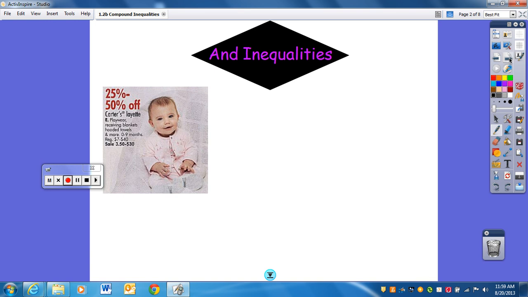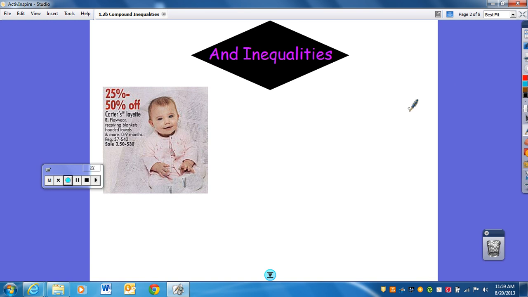For instance, here's an advertisement for a sale that's happening, and this would be considered an "and" inequality because it describes a range. The ad says that we have 25% to 50% off this particular item.